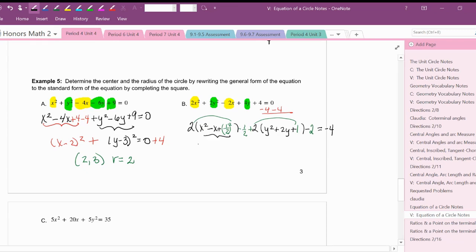Now I'm going to rewrite this as 2 parentheses x minus 1/2 plus 2y plus 1 plus 2 equals -4.